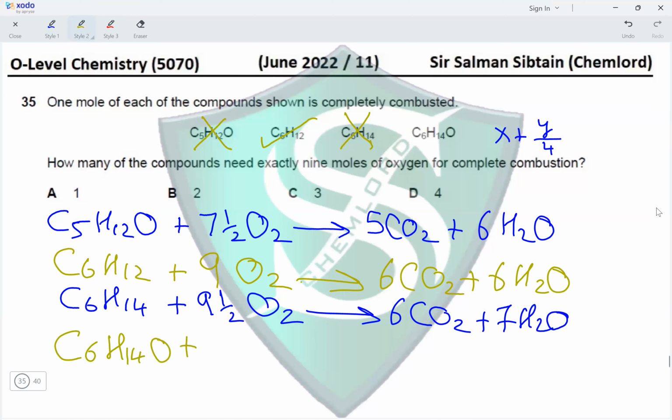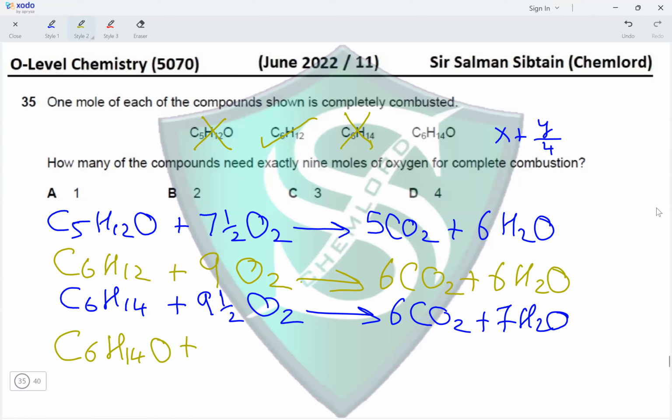C6H14O. Now, the good thing is that we have already covered C6H14 above, right? So this required 9.5 moles of O2. Now, one oxygen atom is present in the compound itself. So one oxygen atom being present here results in half being subtracted from X plus Y upon 4. So X plus Y upon 4 is 9.5 in the above example.